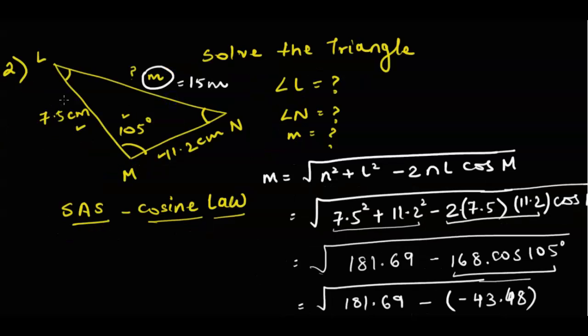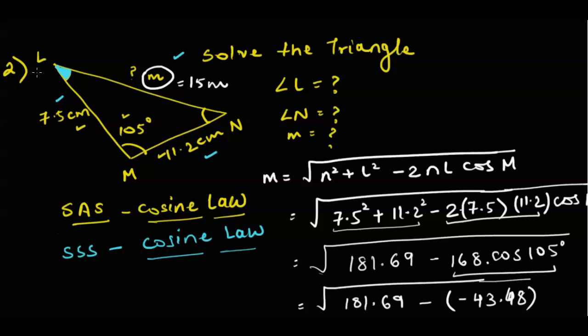Now, since we know all the three sides, side 1, side 2, side 3, and we're looking for the angles, we have two unknown angles. We can choose to solve any one of these, L or N, first. Let's say we are solving for angle L. So whenever we are given side, side, side, then also we use cosine law. However, this cosine law is for finding the unknown angle.